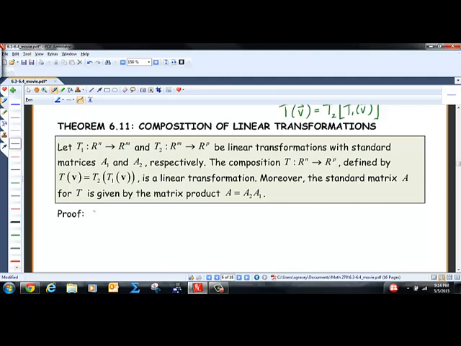So we're going to let u and v be vectors in Rn, and we're going to let C be a scalar, and we're going to note that, what do we need to note?